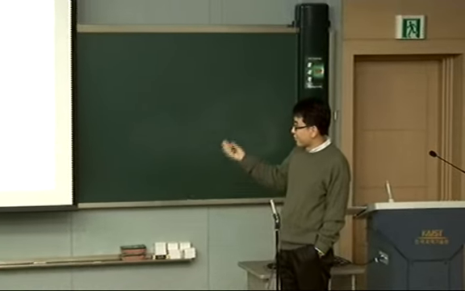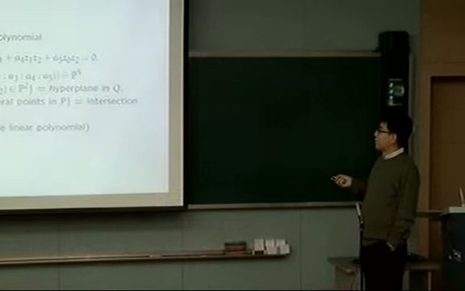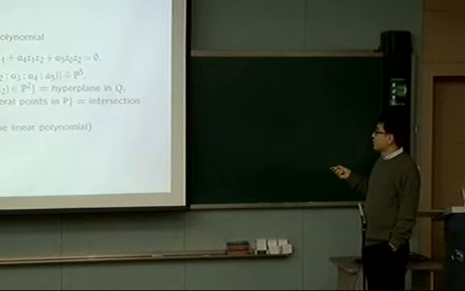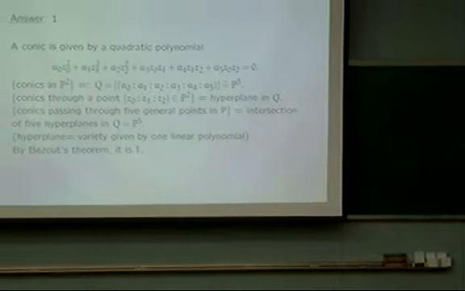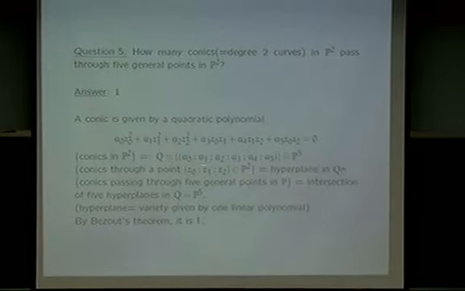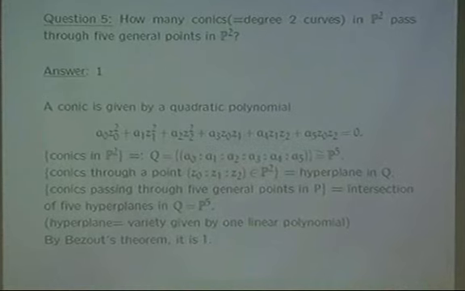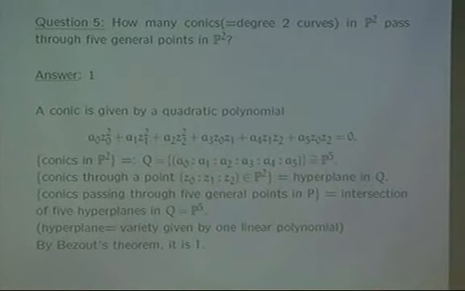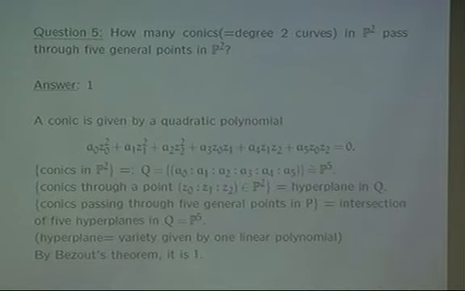If you know the coefficients, you know the conic. And as in the previous case, if you multiply by a non-zero constant, you get the same conic. So the space of all conics in P2 is exactly P5. You need to know just these six numbers, and if you multiply by a non-zero constant, you get the same point, so you have to identify the points. That's exactly the definition of projective space.